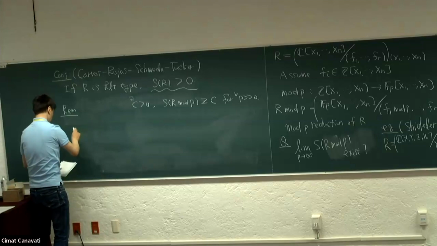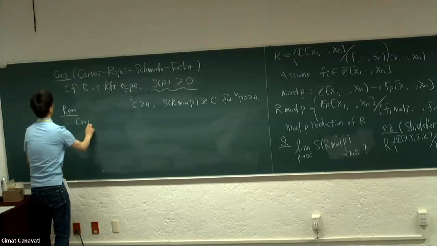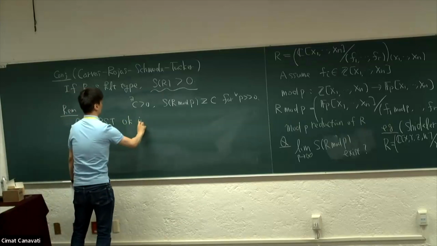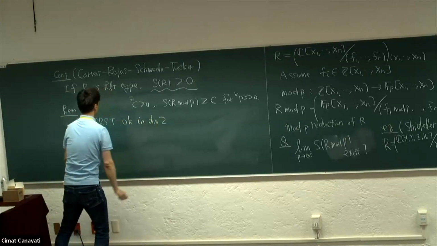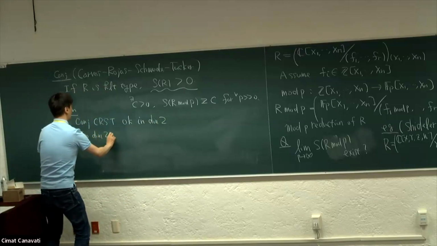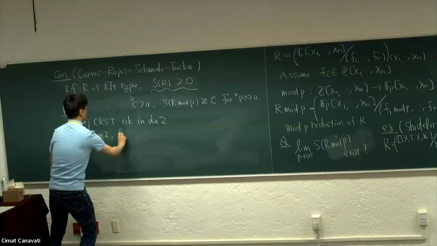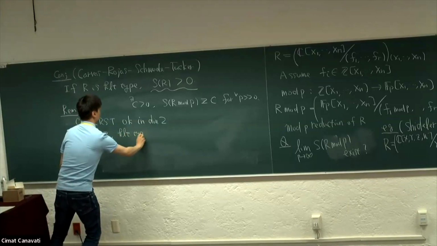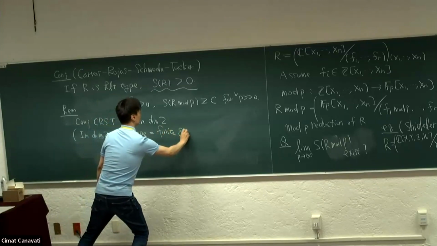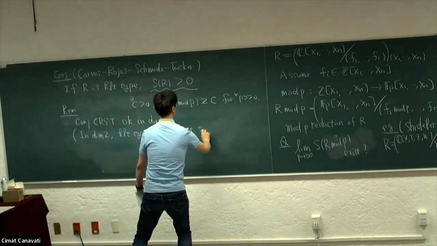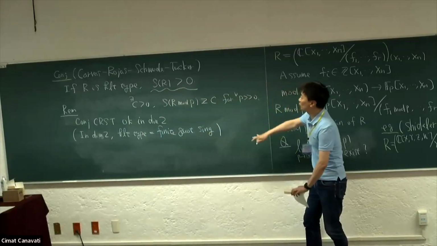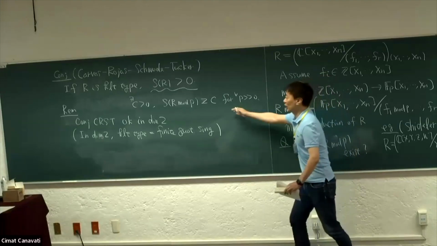At least this conjecture, the CRST conjecture, is known to be okay in dimension 2. This is easy because in dimension 2, KLT type singularity is equivalent to a finite quotient singularity, and for finite quotient singularities there is a formula to compute the F-signature, so then it's done.